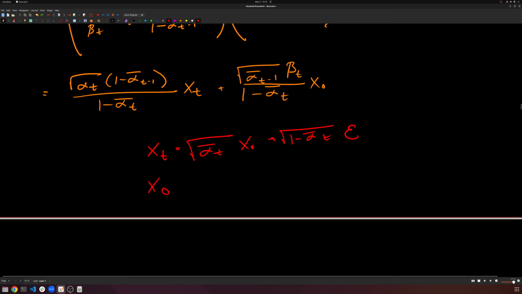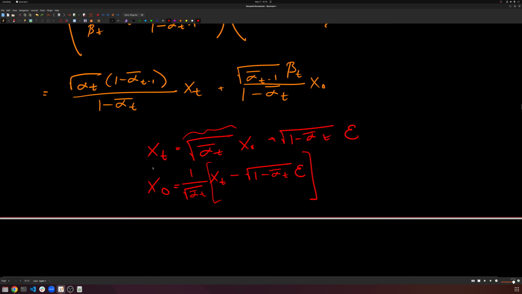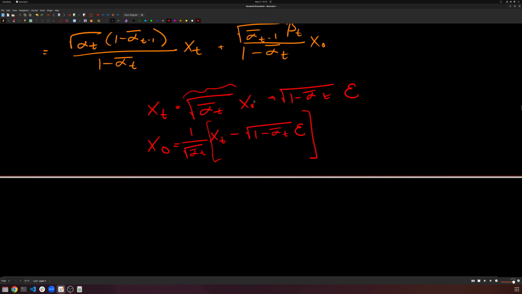We can also say x0 is equal to xt minus square root 1 minus alpha hat t epsilon, and then we divide by this term, so it's 1 over square root alpha hat t, with a bracket around the whole thing. So I just rearranged it: instead of writing xt in terms of x0, we wrote x0 in terms of xt.